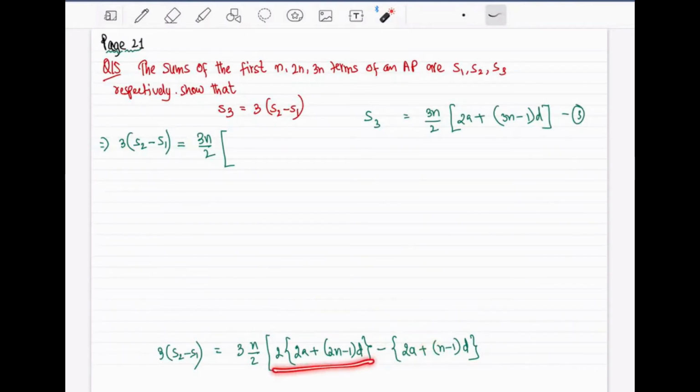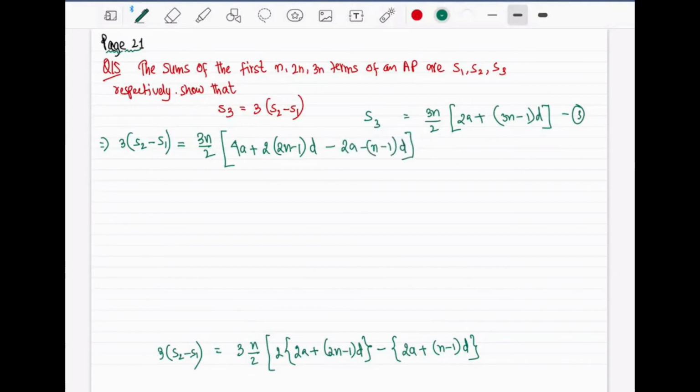But for this part, you have to multiply 2 and this part and 2 and this part. If you multiply 2 and 2a, it's 4a, right? Continue, multiply 2 and the next part twice n minus 1 d, minus, if I open this bracket, we will have twice a and n minus 1 d, twice a minus n minus 1 d. We're just opening the second bracket, okay?